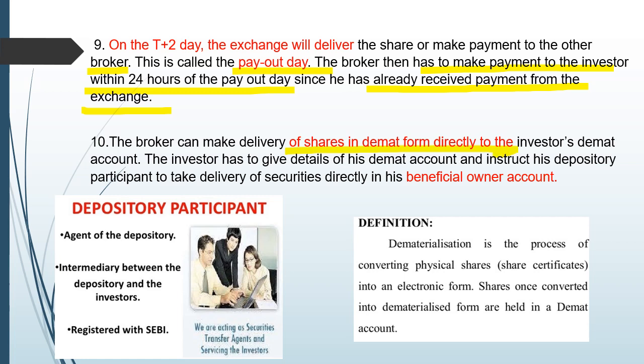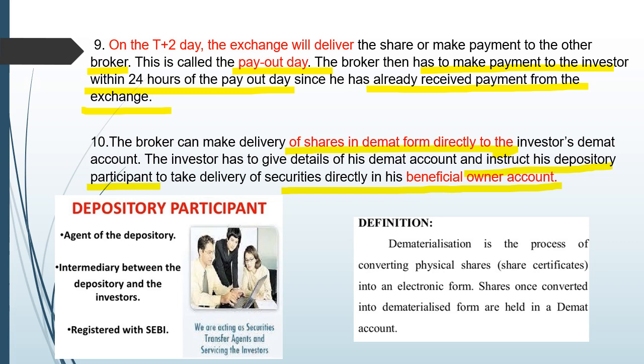You will receive a certificate or a form telling that so and so person has bought so and so company shares, and the broker's ID card and register number, all that will be mentioned on your particular document, and you can keep this with you in your Demat account. You can even inform your depository participant bank that this is a very important proof.